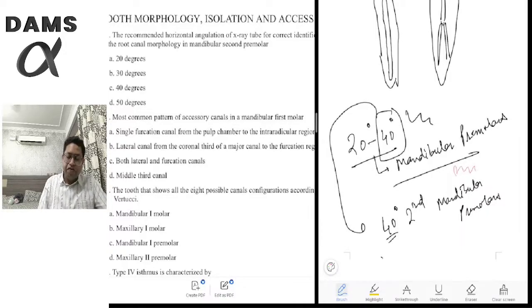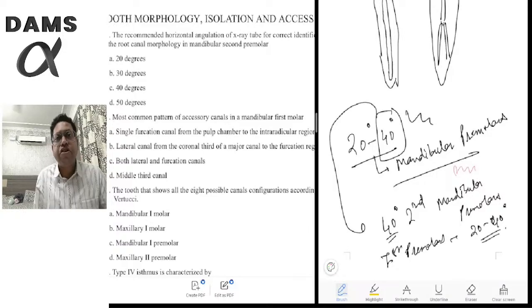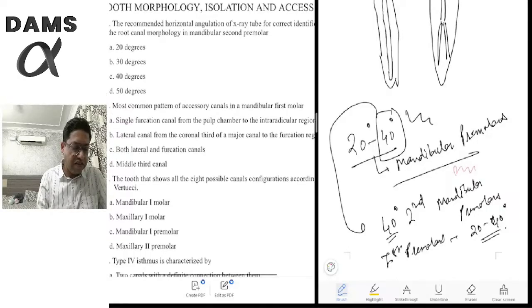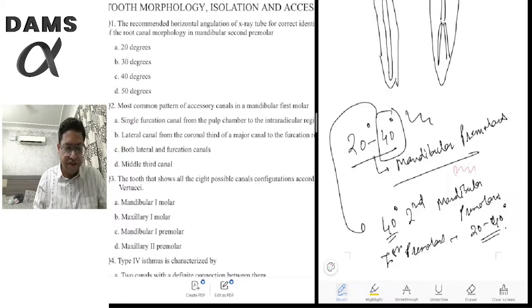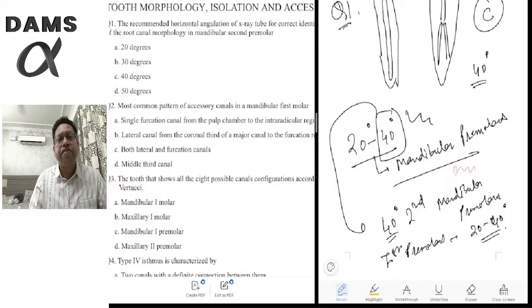If it is asking about the first premolars, it would be in the range of 20 to 40 degrees. So one important distinction you have to keep in mind, there is variation from first to second premolar. First premolars in the range of 20 to 40 degrees. For second premolar, it would be 40 degrees. So what would be the answer over here? The answer would be option C, that is 40 degrees. Option C for question number 1 is the answer.